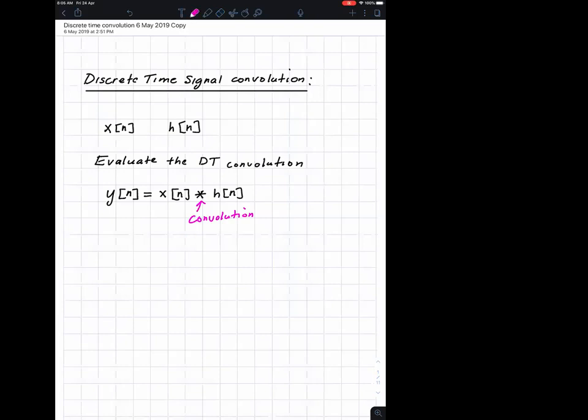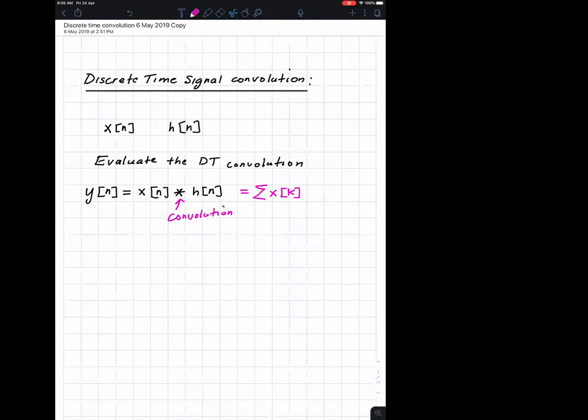This convolution is a sum of x[k]. What we usually do is change the variable from n to k. When we do the example, you'll see. On one of the signals, we change the variable from n to k.